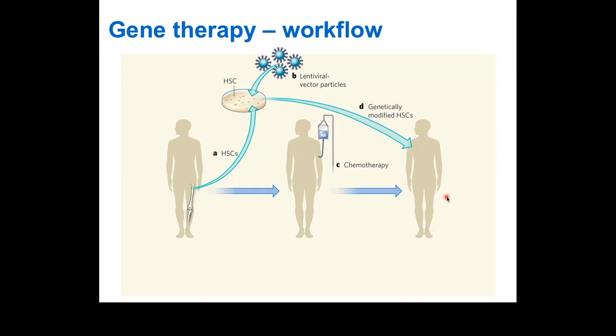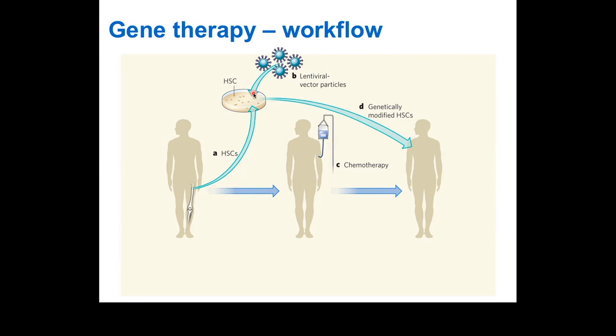So the clinical workflow would be to take hematopoietic stem cells from patients with beta thalassemia. You can do that either by a bone marrow aspiration or by giving GCSF and taking stem cells peripherally, which are known as peripheral blood stem cells.